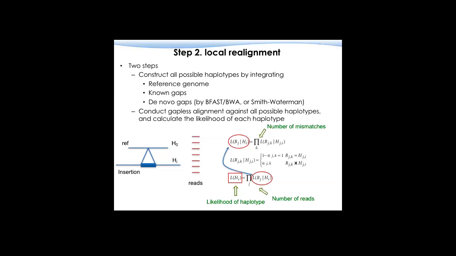But the bottom line is you may be a hybrid of both. So when we sequence your reads, there may be a possibility that both haplotypes occur. So basically you calculate the likelihood of your new haplotype, okay, and don't worry about that.